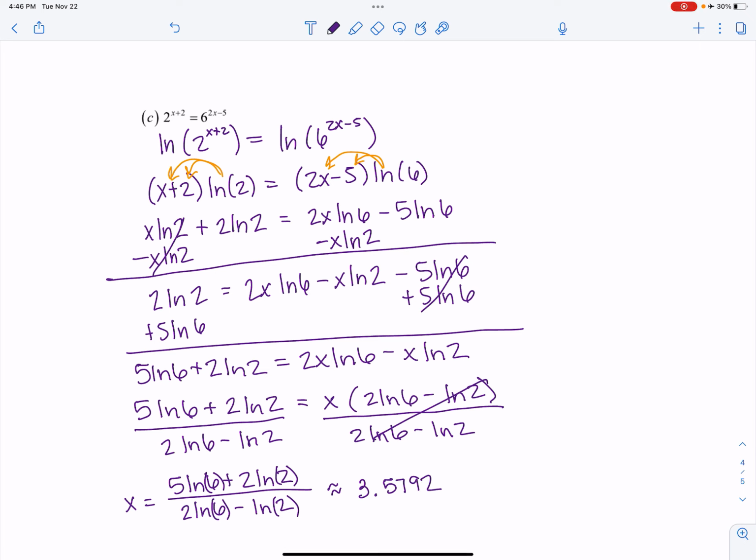I would encourage you to work through these, and at bare minimum, if you're not writing them down yourself, throw the finishing answer in a calculator and make sure that your answer matches up with mine. A big mistake that I see happen quite often is students will write out their work. All the work is flawless. The setup is perfect.